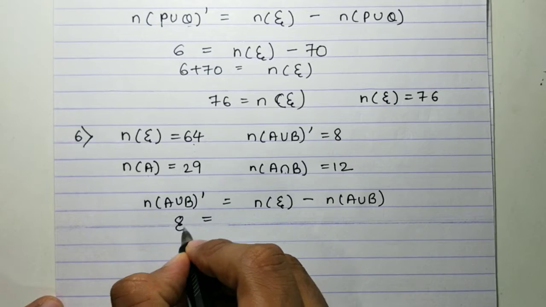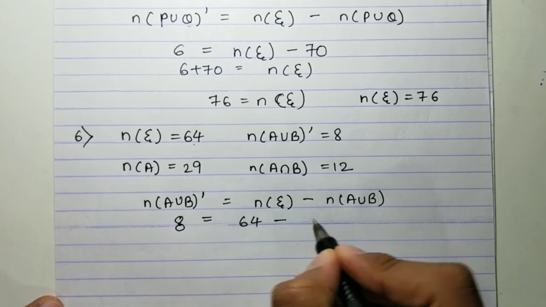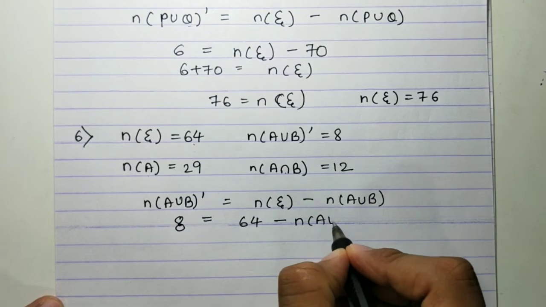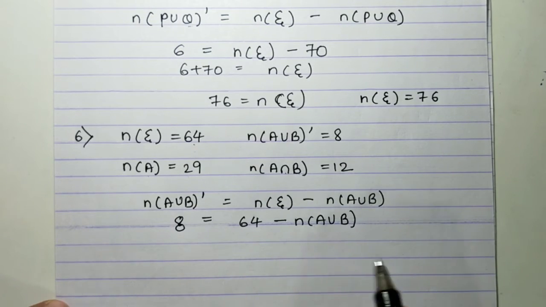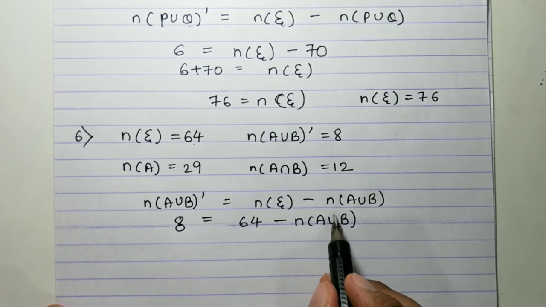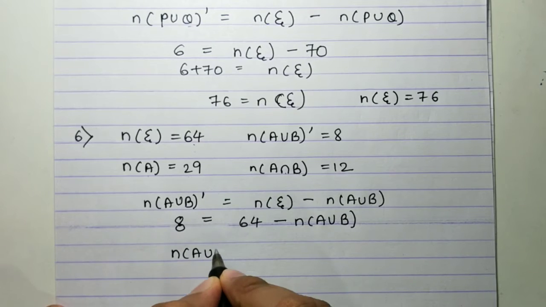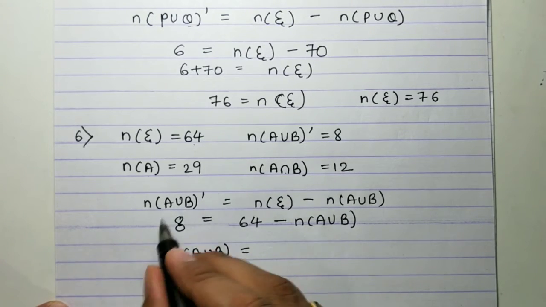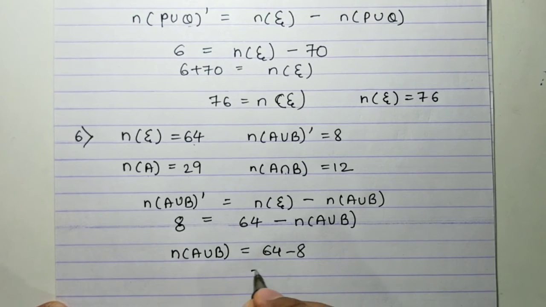What is the universal set? 64, minus this, which I don't know. Okay, this is very important, so that is why I'm finding this first. Now this A union B will shift to the left hand side, so it will become plus A union B. And this 8 will shift to the right hand side, so it will become 64 minus 8. That is 56.